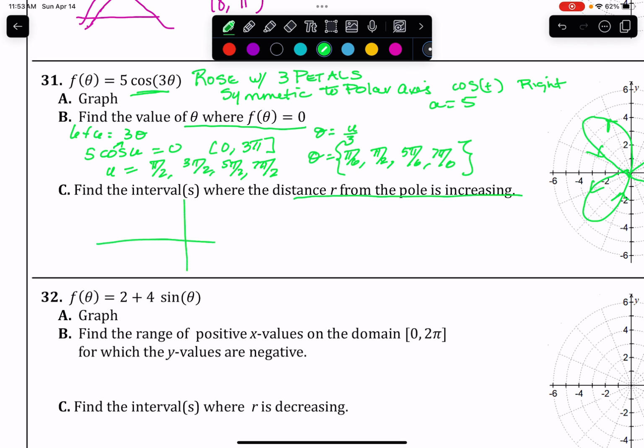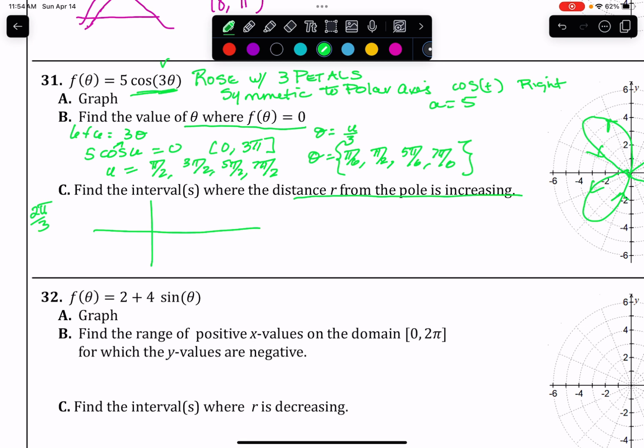Okay, let's see, we've got a 3 theta, we've got a 5. It doesn't really matter then about our, we don't have a vertical shift up, so it's kind of nice. We can just go smack dab in the middle. Now, we do need to figure out our period. Our period is, we have 3 theta, so that would be 2 pi over 3 would get me one guy, right?